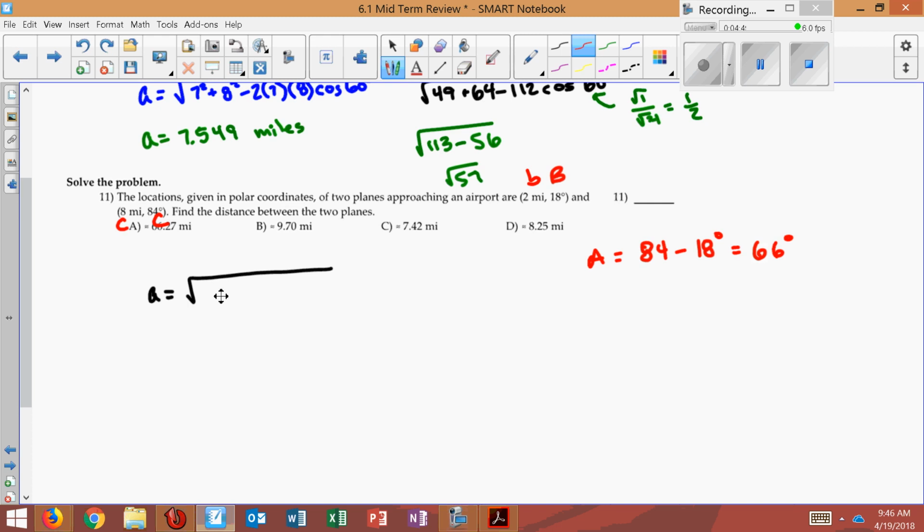And so we'll type in the calculator 2 squared plus 8 squared minus 2 times 8 times the cosine of 66 degrees. This is the law of cosines. Let's type this in the calculator and see what we come up with.